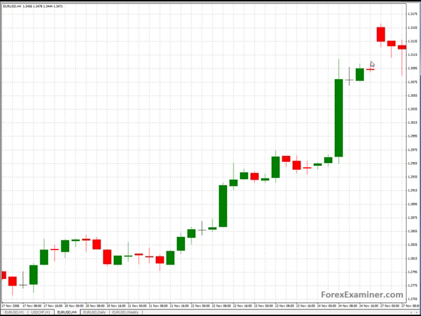What we see here is a space between this high and this low. That is called a gap. If the current bar's low is greater than the previous bar's high, or, in a reverse sense, the current bar's high is less than the previous bar's low, then that is a gap.